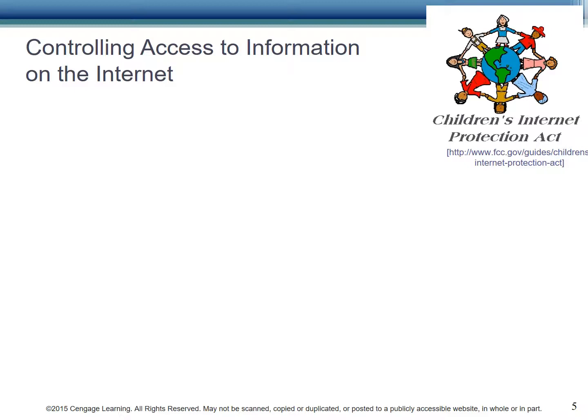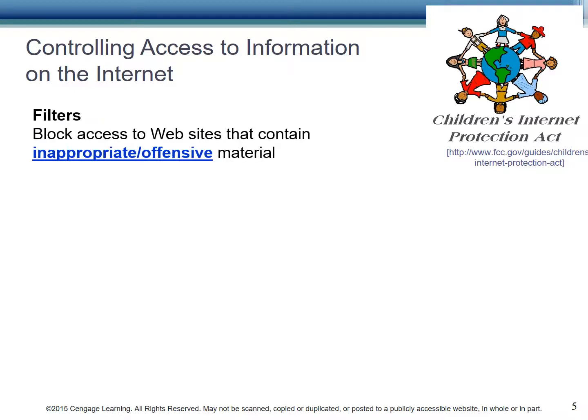As Congress and our executive and judicial branches began looking at how to protect children on the Internet, they had to strike a balance between what is legal and community standards. One tool that came about was filters. We still have those today. They may block access to websites that are inappropriate or offensive.